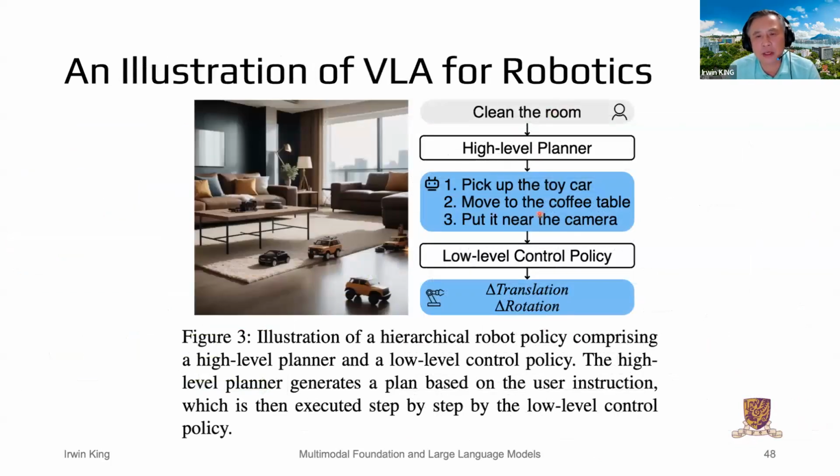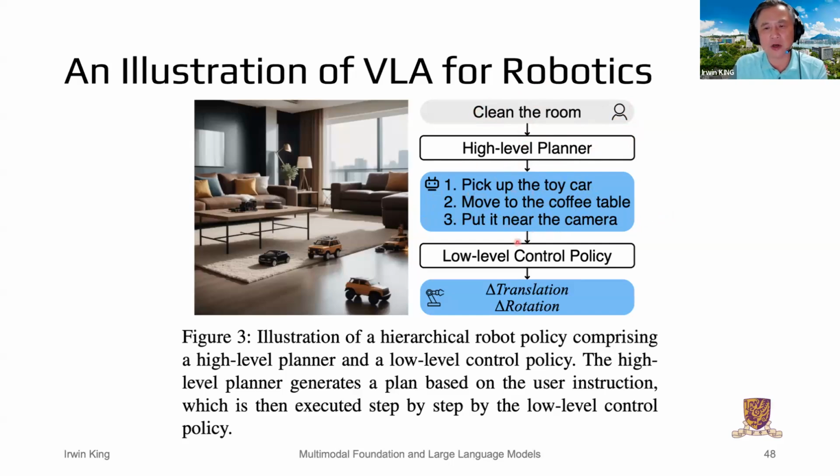So I just want to quickly illustrate the difficulty of putting all three things together for a foundation model. You have a very high level command, say clean the room, right? So your high level planner might say, okay, you need to pick up the toy car, move the coffee table, put it near the camera, and so on and so forth. These are still very high level things.